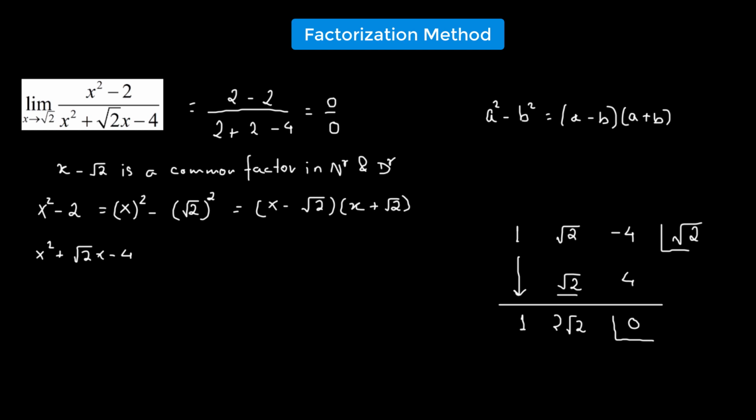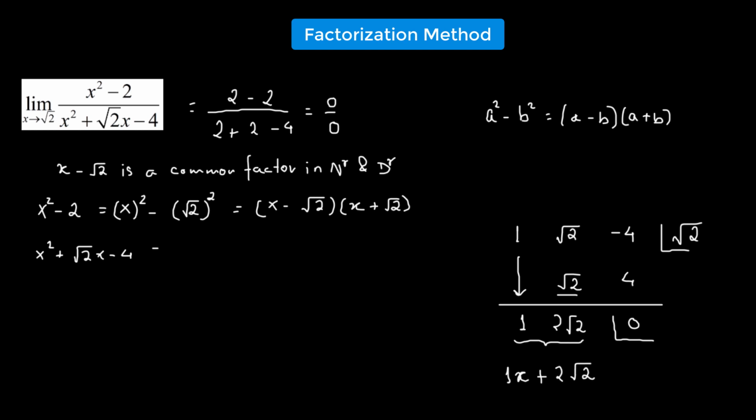So that means x minus root 2 is indeed a factor of the quadratic polynomial x squared plus square root of 2 x minus 4. Now this number is going to be the factor of the quadratic polynomial. So 1 will be 1 multiplied by x plus the constant coefficient 2 root 2.